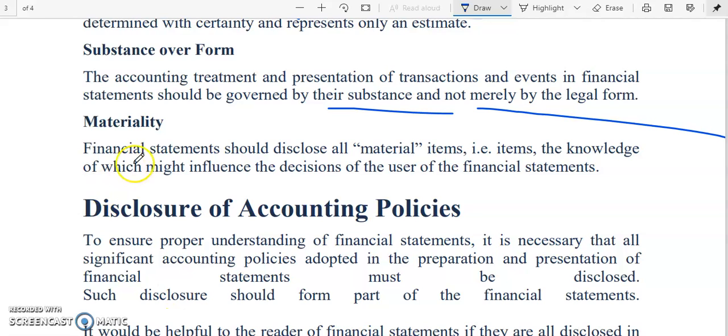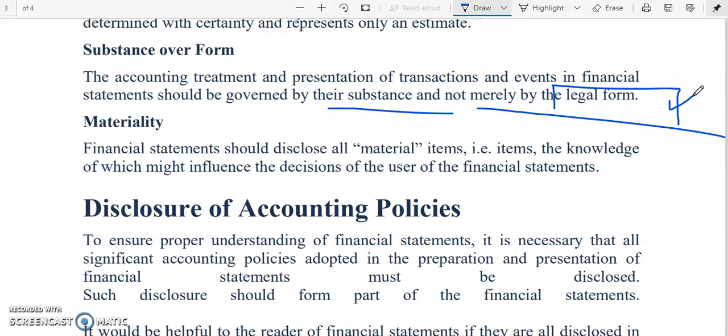Possession is transferred, money is received, only the sale deed is not made. So in legal terms, in the register record, the property belongs to the original owner, because the sale deed has not happened. However, in substance, the property has already passed to the buyer. We have already received the sale consideration.